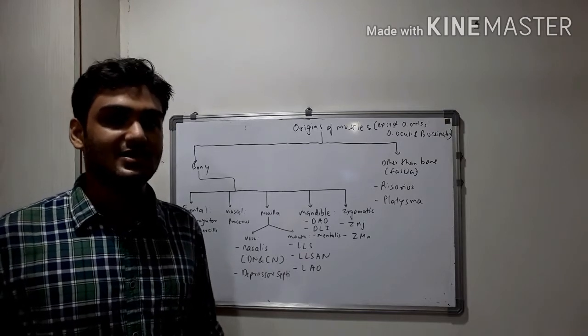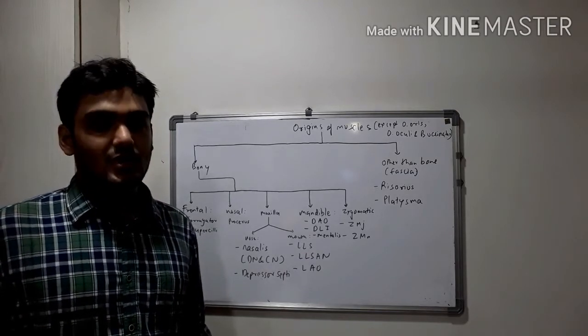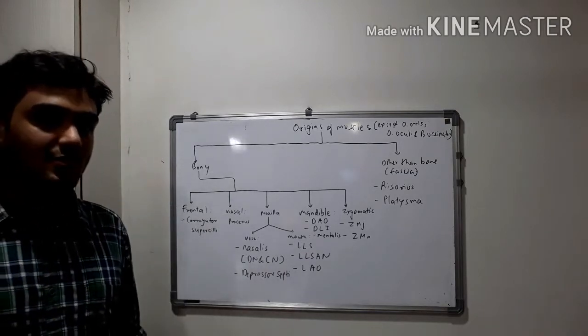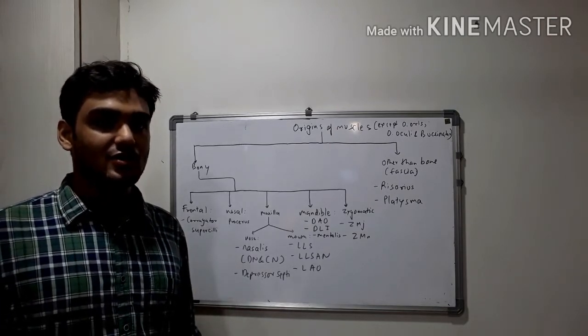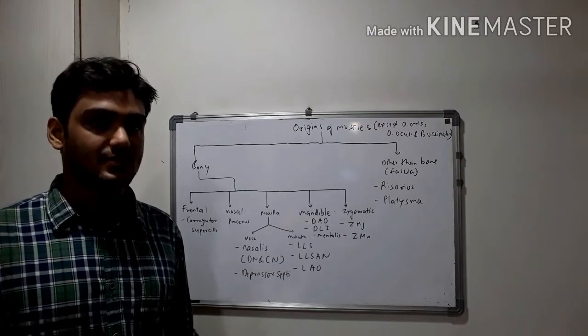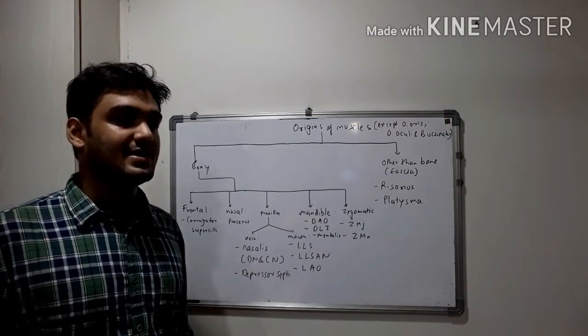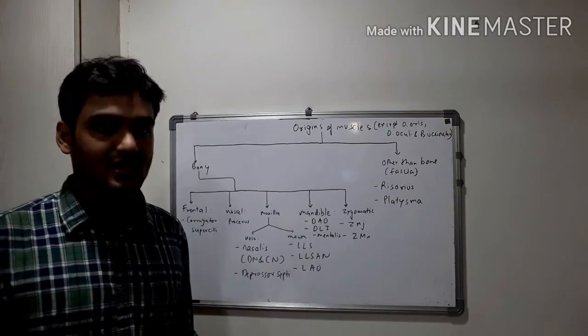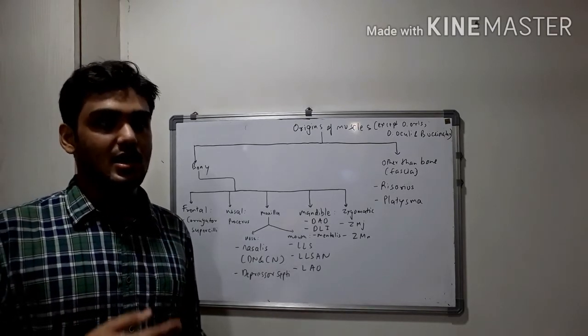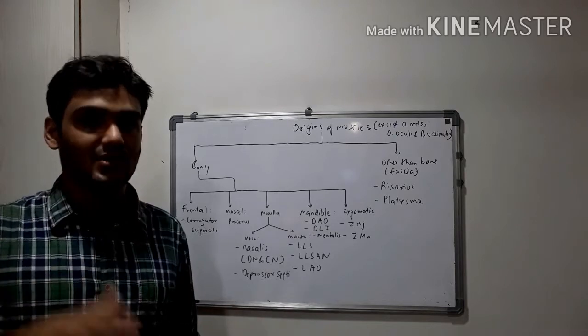From frontal bone, only the muscle of eye originates. That is the corrugator supercilii muscle. And nasal bone gives rise to only one muscle, that is procerus. Then maxilla. Now maxilla gives rise to the muscles of nose, except procerus, and the elevators of upper lip, that is the levator muscles.